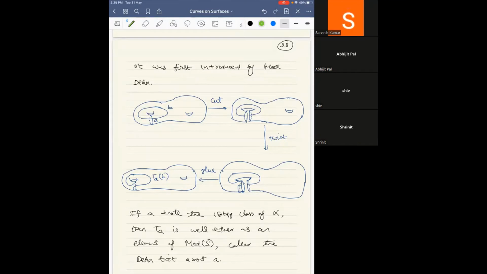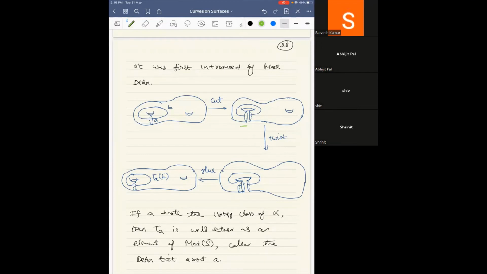Suppose you want to describe the Dehn twist around A, and let's see its effect upon B. You cut along A, then you twist this part, and you will see what happens to this curve B. When you twist, you just glue it back. So this is the effect of the Dehn twist around A on B.